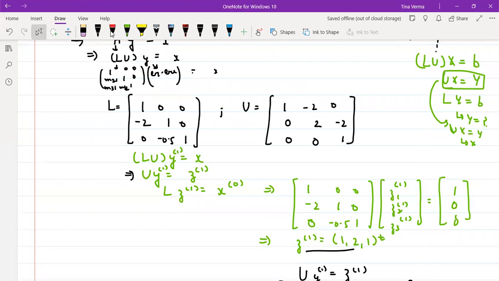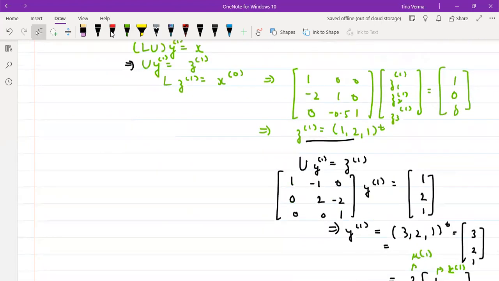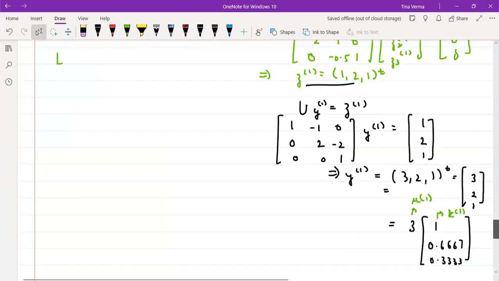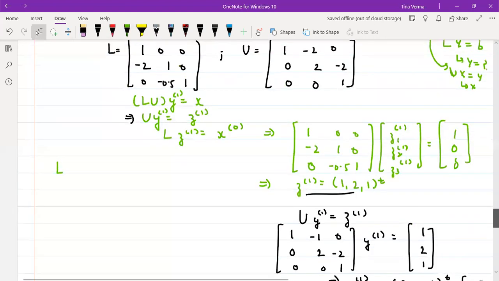You take the vector Uy equal to z, so first you take LZ2 vector equal to x1. So like this you will perform LZ2 vector equal to x1.